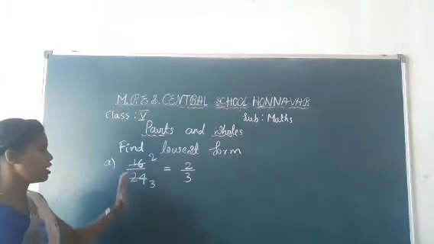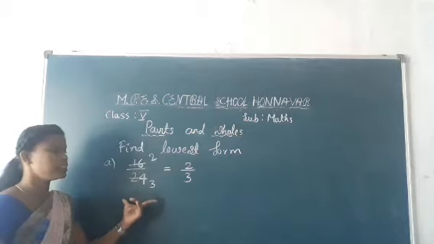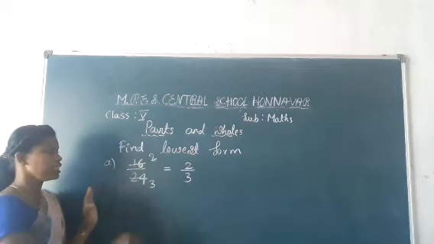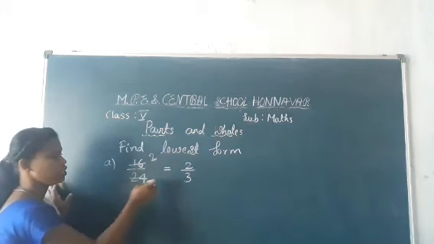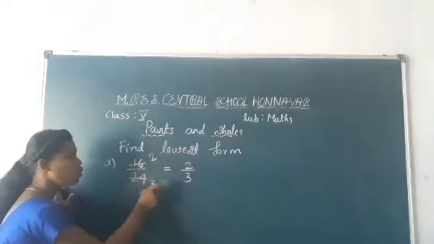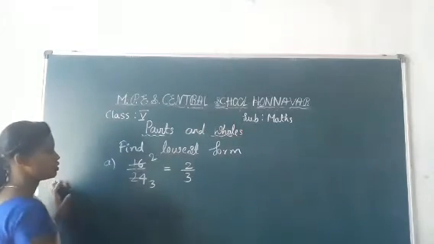Understood? Here we see the numerator as well as the denominator is divisible by only one number, that is 8. 8 2s are 16, 8 3s are 24. So 2 by 3, it is the lowest form of 16 by 24.